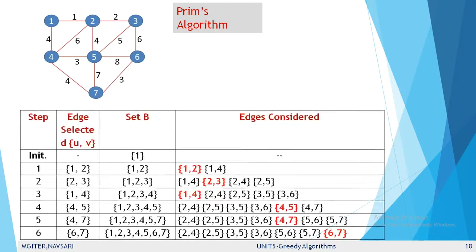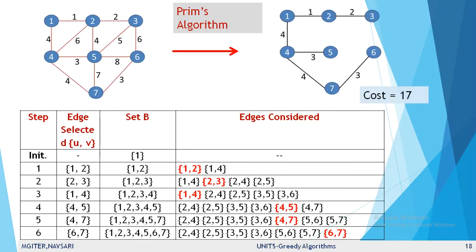Here is the Prim's algorithm. So here we select the edges 1 to 2, 2 to 3, 1 to 4, 4 to 5, 4 to 7 and 6 to 7. This is the connected set of nodes, and we select the edges.